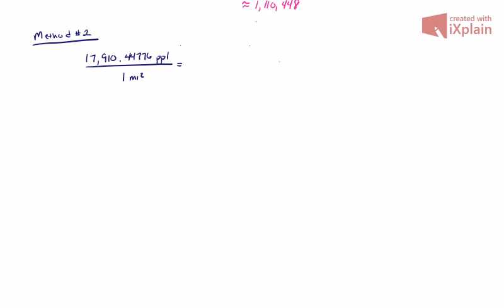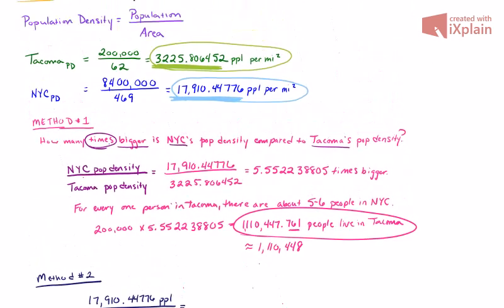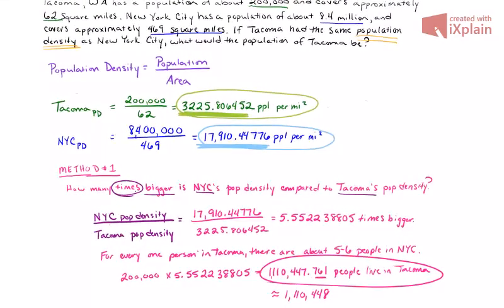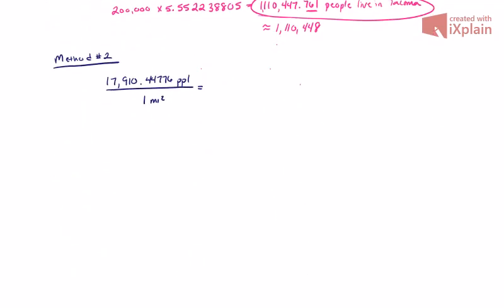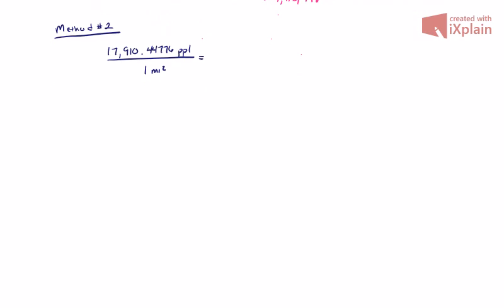And again, the question that we want to look at is, if Tacoma had the same population density as New York City, what would the population of Tacoma be? So I'm going to use that idea of same, and by same, I'm going to use an equal sign. My goal is to find out what the population should be here.